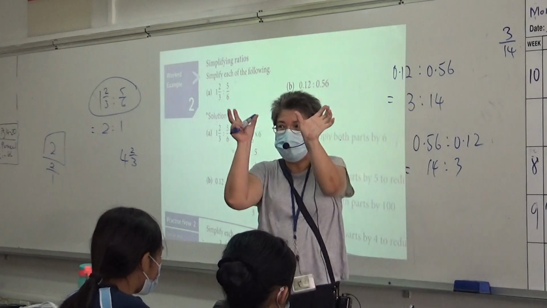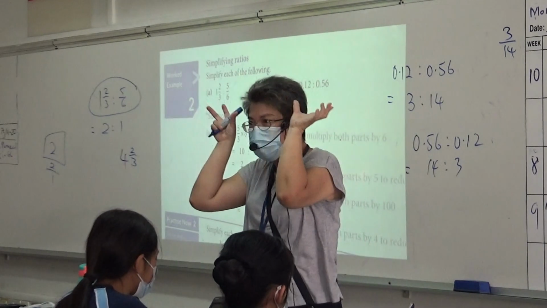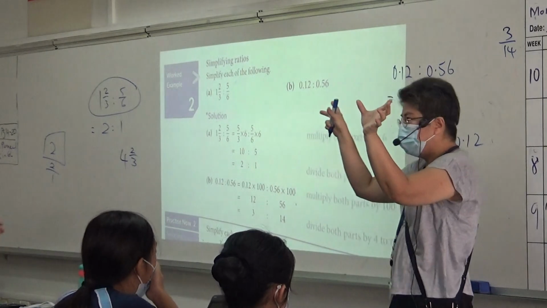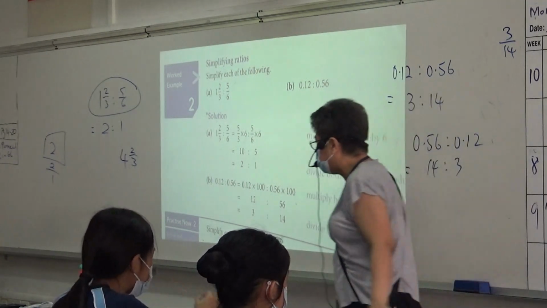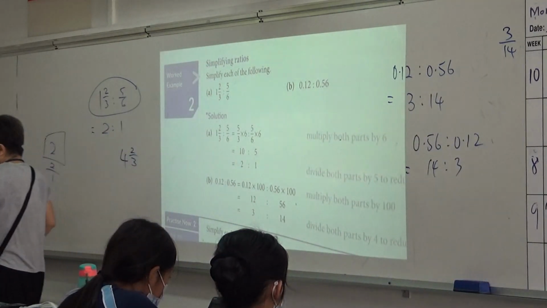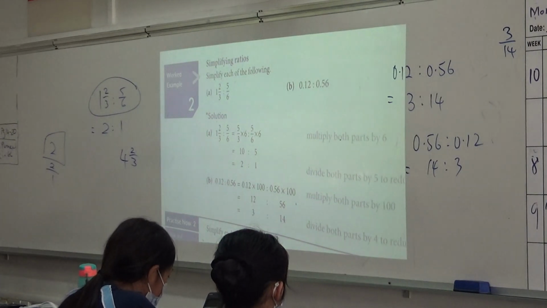No. A is to B, both must be whole numbers. Must be positive whole numbers. Clear? Okay. Good.